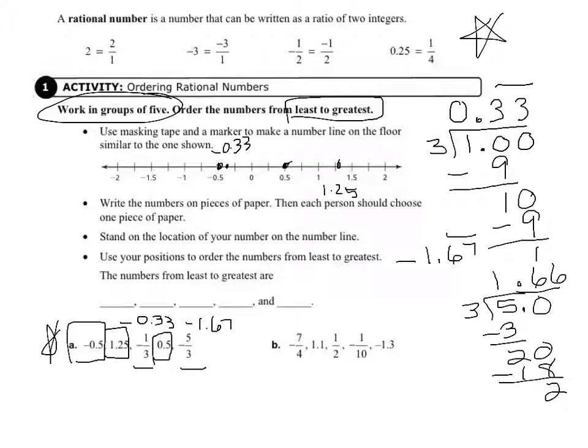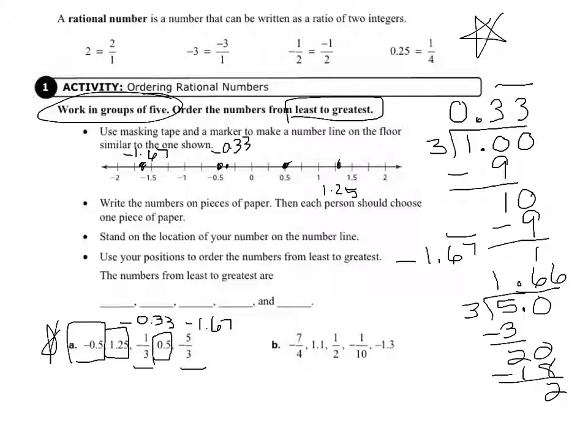So when we put that on our number line here, it's beyond the negative 1.5, but not as far as negative 1.75. So it's around in here, negative 1.67.